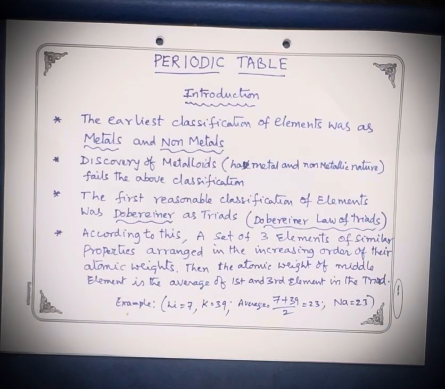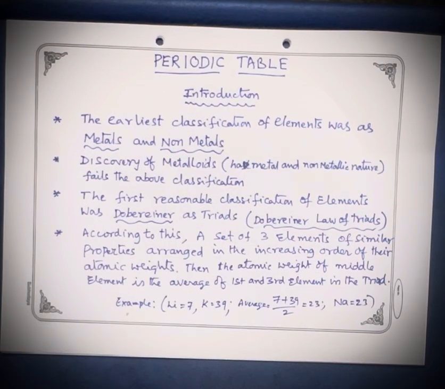Later on, the first reasonable classification of elements was done by Dobereiner. It is called Dobereiner's law of triads. Dobereiner kept the elements in groups of 3 elements in increasing order. If you take the average of the atomic weights of the first and third elements, that average will be equal to the atomic weight of the middle element.